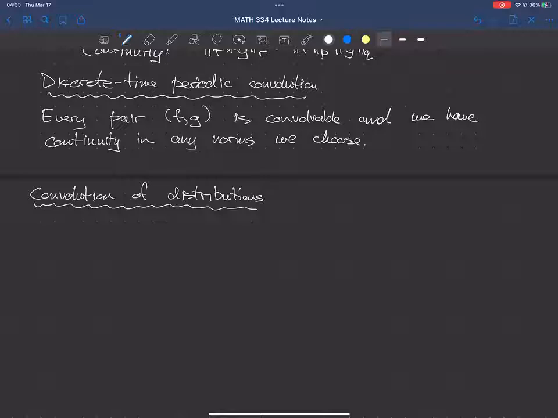I want to give you the main idea of how this works, and it'll take some time, and there's going to be a lot of stuff that you have to do. But at the end of the day, you get a theory that's quite satisfactory. If you take a streamlined approach to convolution of distributions, you end up with something that isn't quite as satisfactory.